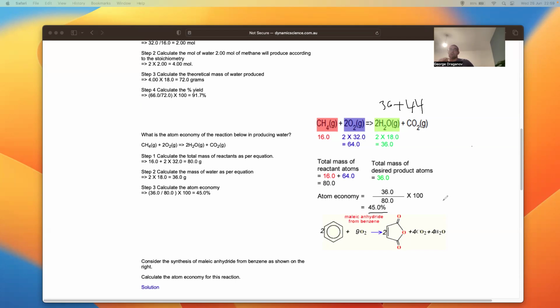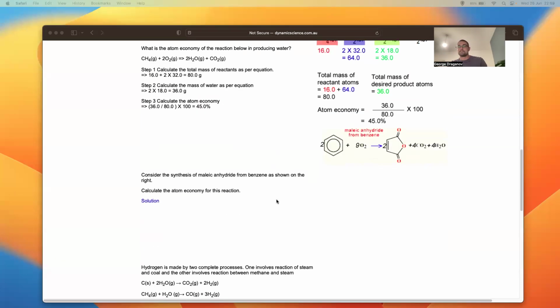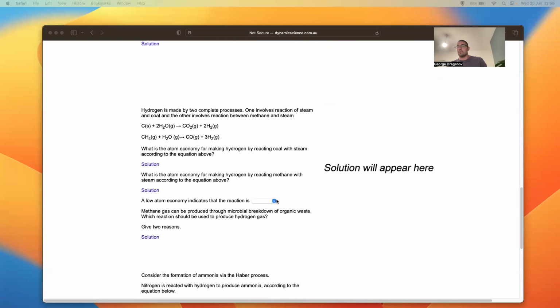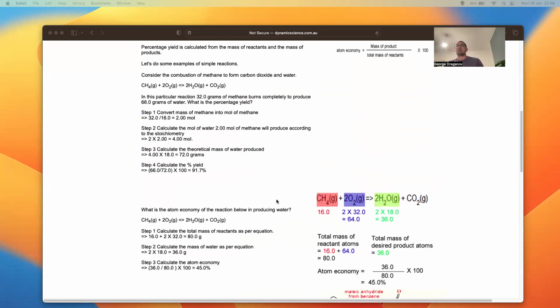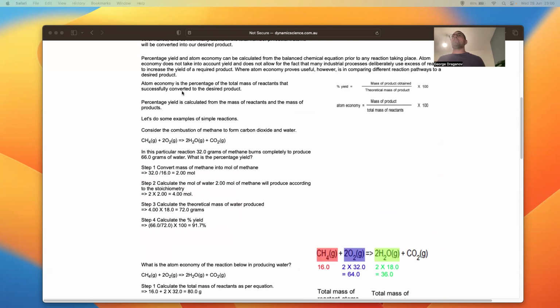However, if we look at the percentage yield, here we go.